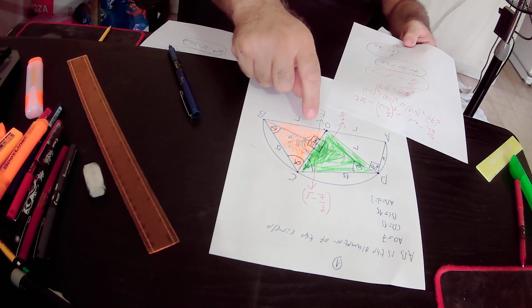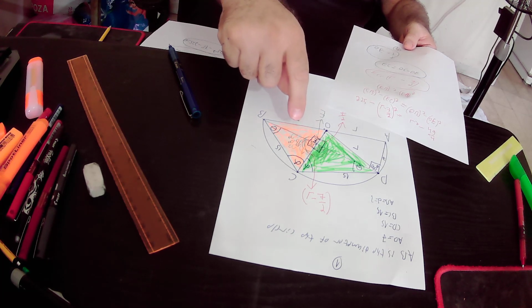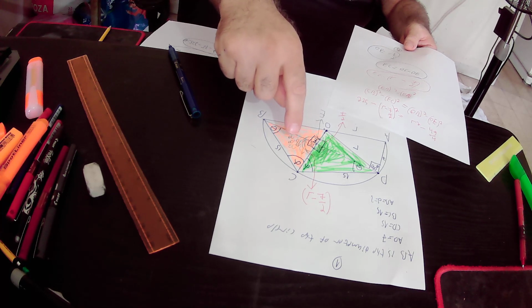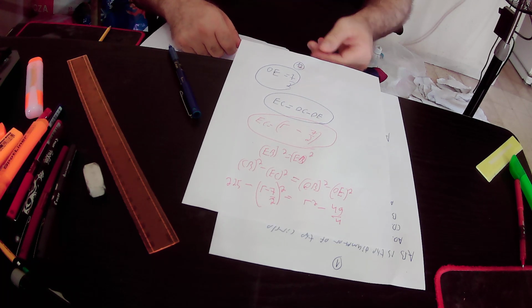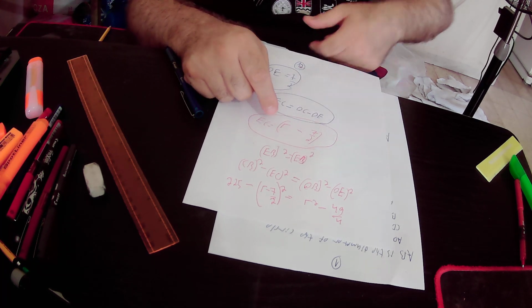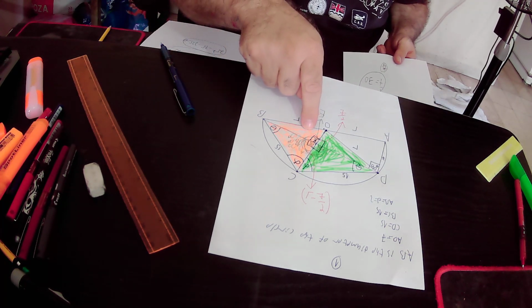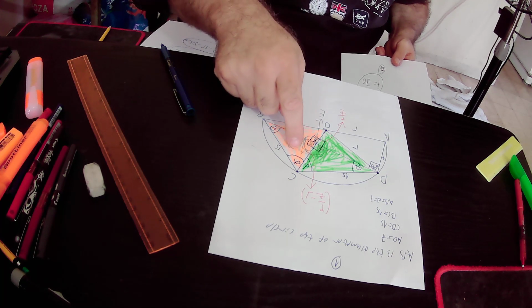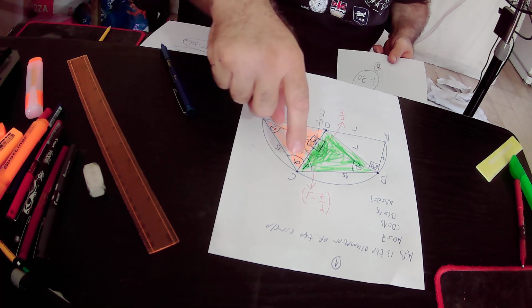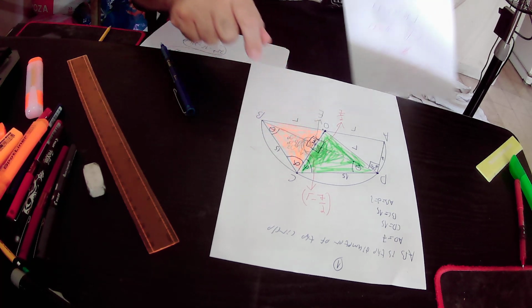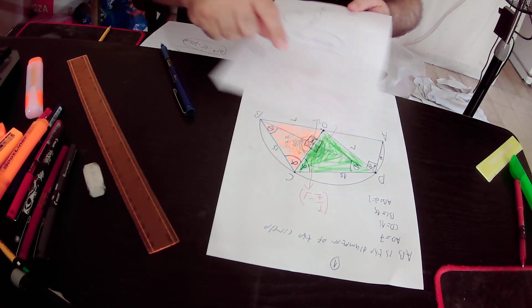One time we relate to the right triangle OEB, and the other time to the right triangle BEC. So EB square, relating to the right triangle BEC, equals CB square minus EC square.